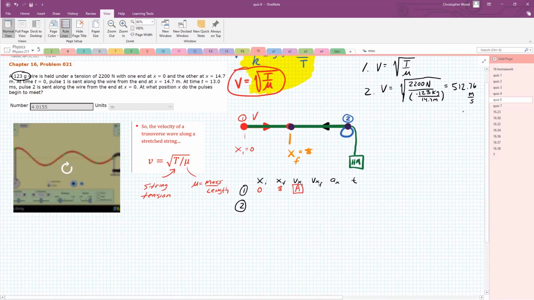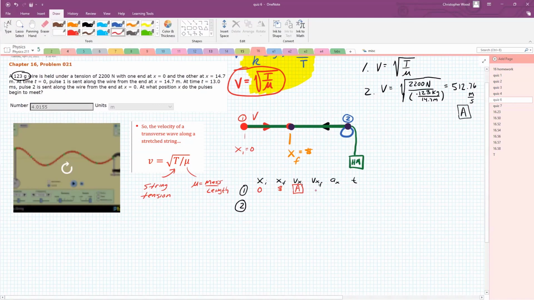So I'm going to put this in memory location A. That's the velocity of this disturbance, in this case, a pulse going through a string. Store in A. All right, and then back to kinematics.